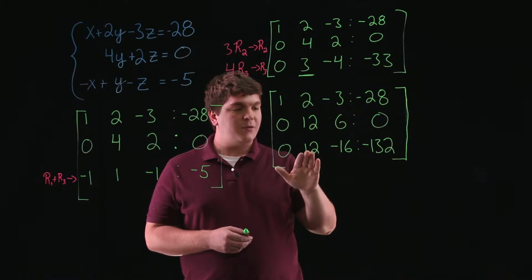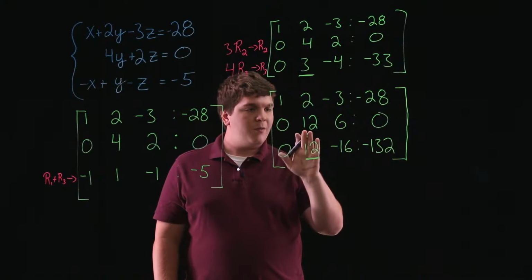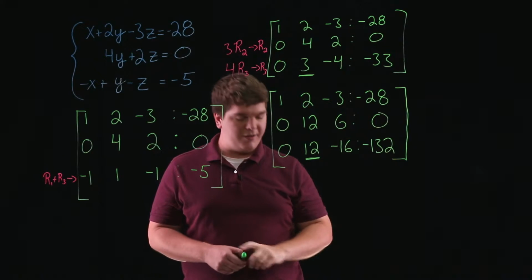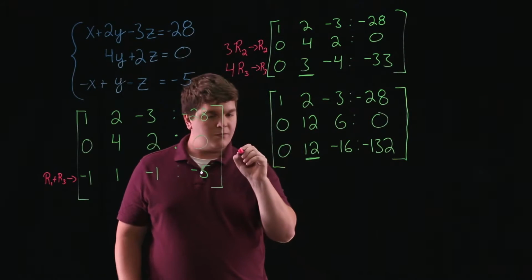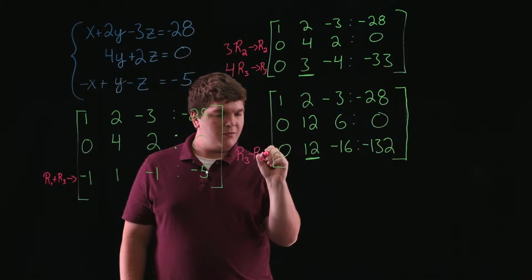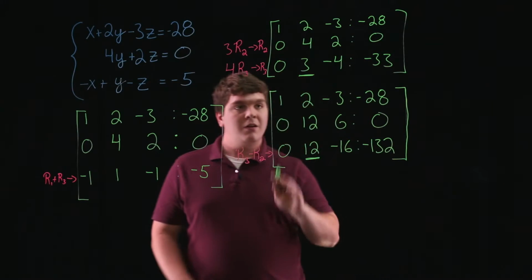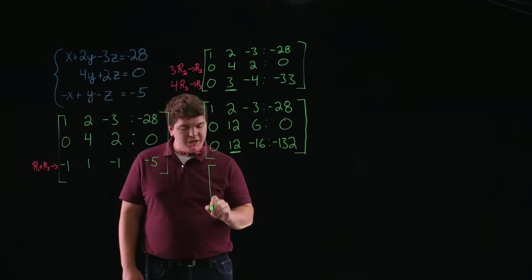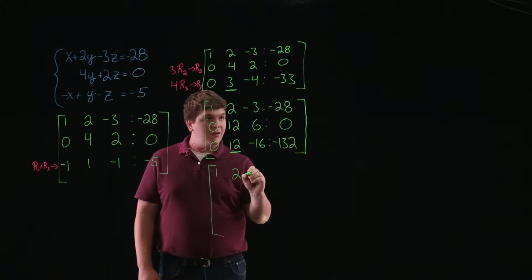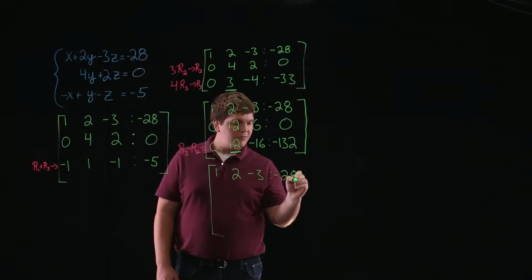Now we can clear out this entry right here by taking the third row, subtracting the second row, and placing it back into this row. So we'll look for R3 minus R2, and place it back into the third row. What we're left with is the matrix 1, 2, -3, -28.